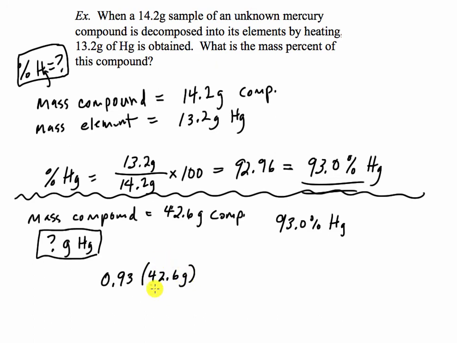I take 93% of this mass to figure out my mass of mercury. So 93% of that would be 39.6 grams of mercury. The point is, it doesn't matter what this mass is, mercury is always going to be 93% of whatever the mass of the compound is, as long as I'm talking about the same substance.